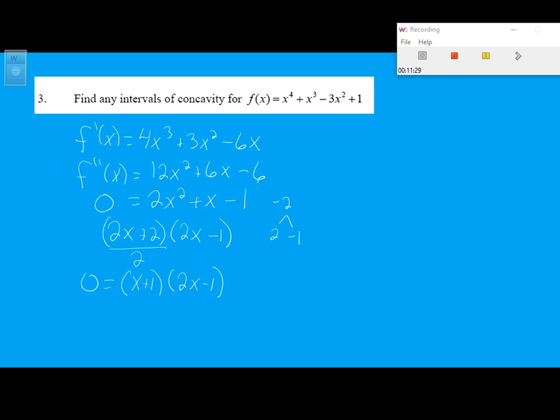Now remember, we're working with our second derivative, so I get possible inflection points of negative 1 and also 1/2. We'll play the number line game with those. So I'm going to plug that back into the second derivative, and if I do that, I get positive, negative, positive in this case.